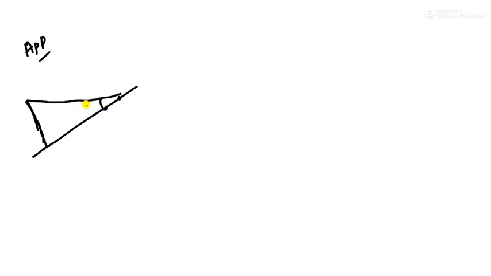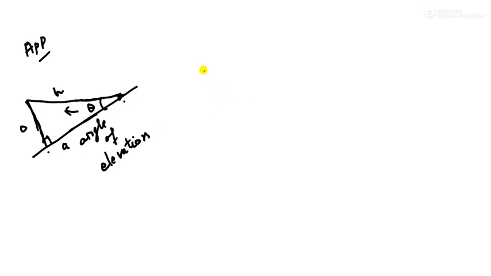So when he's looking upwards, the angle formed between this horizontal and this line, we call it the angle of elevation. Here again, this is theta, this is opposite, hypotenuse, adjacent. Based on this rule you can find the height of the building, or the distance from the foot to the person standing.